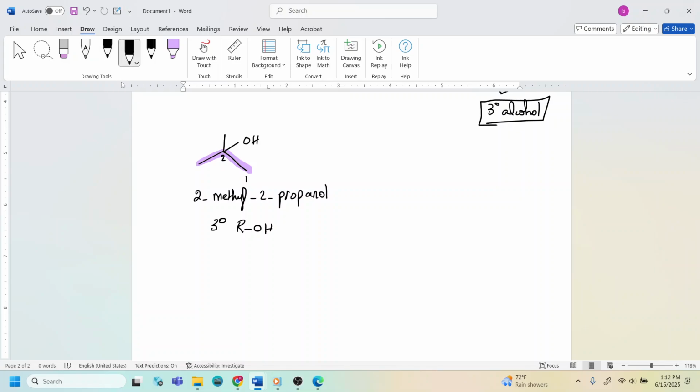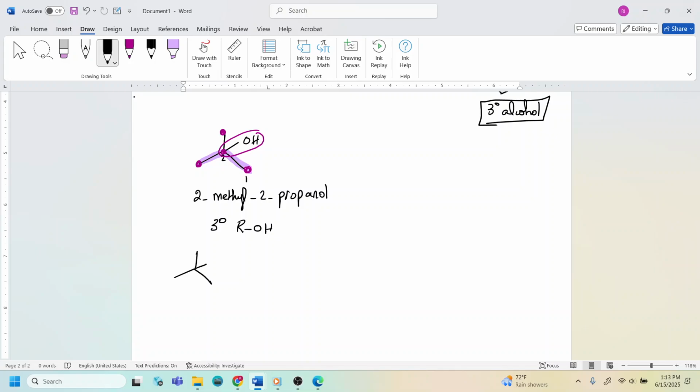Why is it a tertiary alcohol? Because you look at the carbon that is connected to the OH, and that carbon is connected to 1, 2, 3 carbons. This is why it's a tertiary alcohol, right? Because I only have 3 carbons, it definitely needs to come from a tertiary alkyl halide.